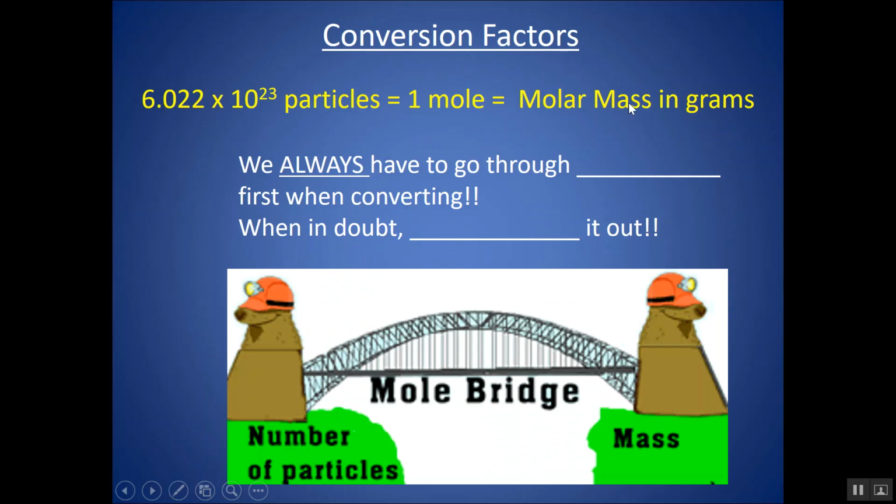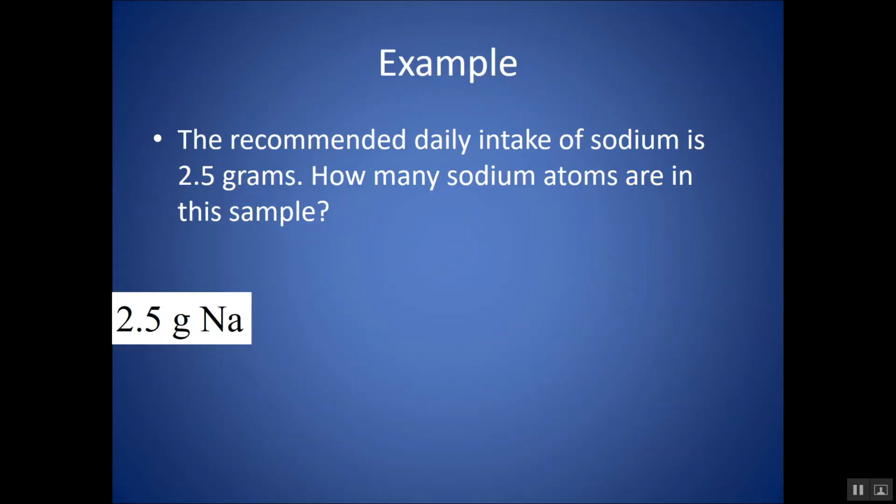Here are my conversion factors. There's 6.022 times 10 to the 23rd particles or atoms in 1 mole, and 1 mole also weighs the molar mass. So if I want to go from particles into mass, I'm going to have to pass through moles first. We always have to go through the moles bridge. I always like to say, when in doubt, mole it out.